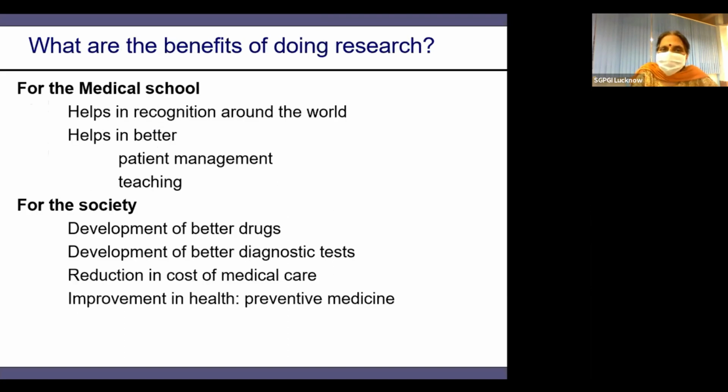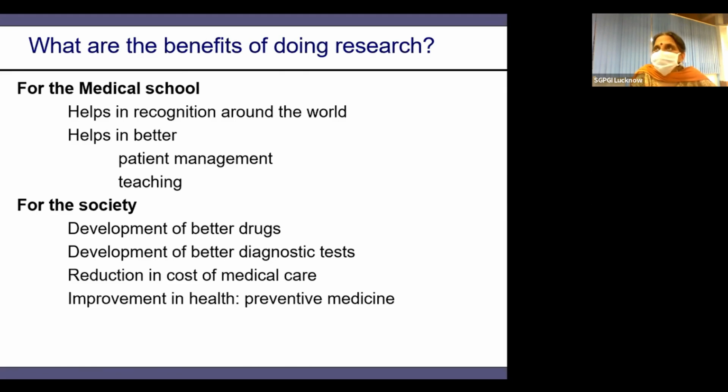And for the medical school, it helps in recognition of your college or institution across the world, because nowadays everything is about what your institution is contributing. One of the areas in which contribution is counted is research publication. Other is obviously patient care, how well you do it. It's been very well said by a previous director of NIH that institutions which are well known across the world are also well known for their research contribution.